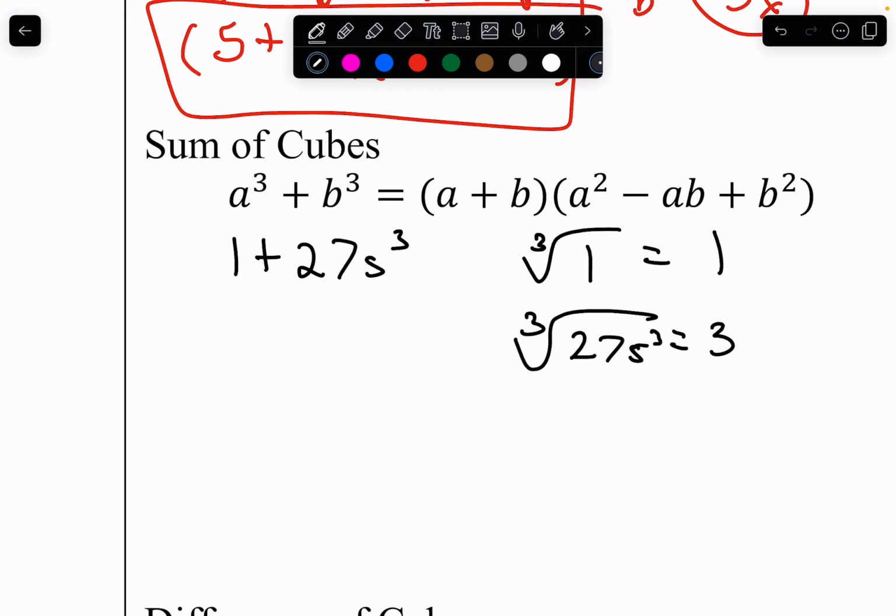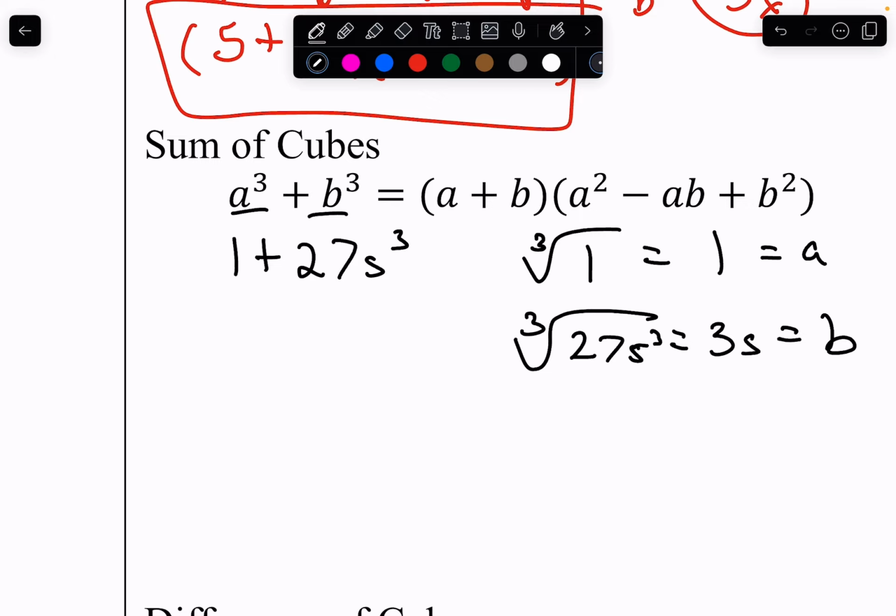So 3 divided by 3 is 1, so we just get 3s. Now, if this is our a cubed and b cubed, that means our a value is going to be 1, and our b value is going to be 3s.